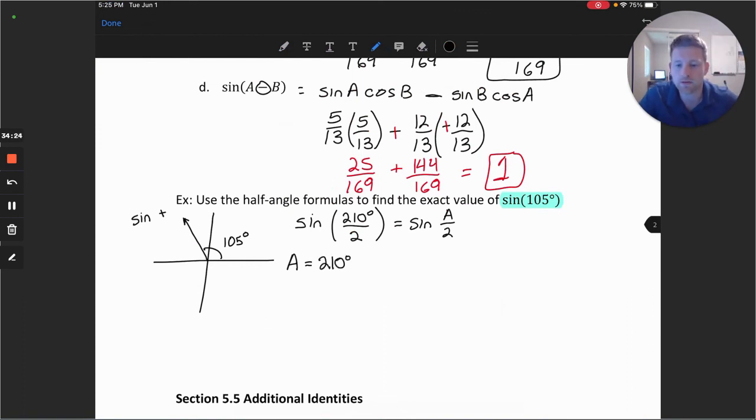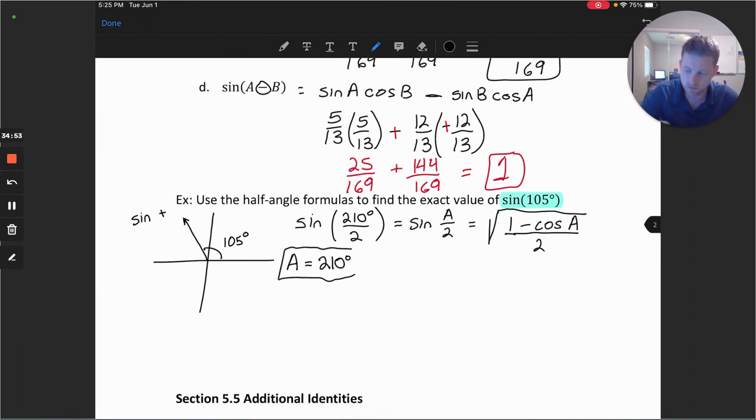And so I'd like to know, for this calculation, sine of A over 2, we know that this is defined as the square root of 1 minus cosine of A divided by 2. So what I need to go out and find is really the cosine of 210 degrees.